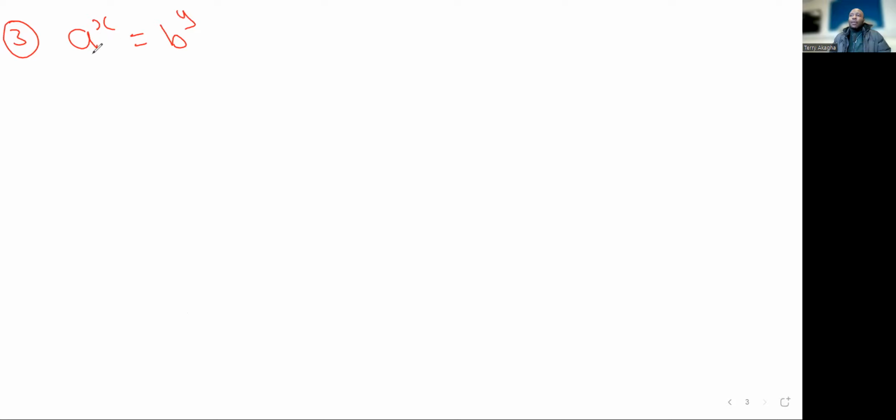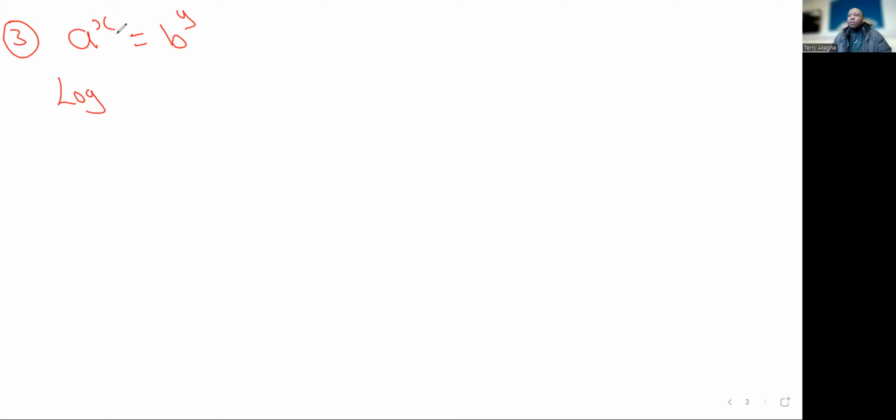Now you are told to make x subject of the formula, all right? Now the law, to remove this, you have to take log to base a of both sides.